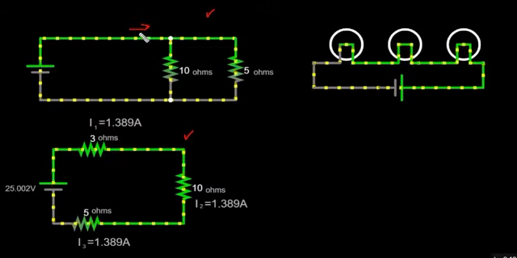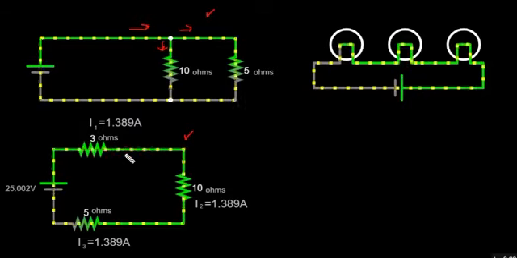When the current moves from the source and gets to this junction, it gets split at this point. So we call this point the junction. Electrical power coming from the source will be split, and some will flow through this resistor and some through this resistor. By looking at the series circuit, there is no node in it. So that's one property of resistors in series.